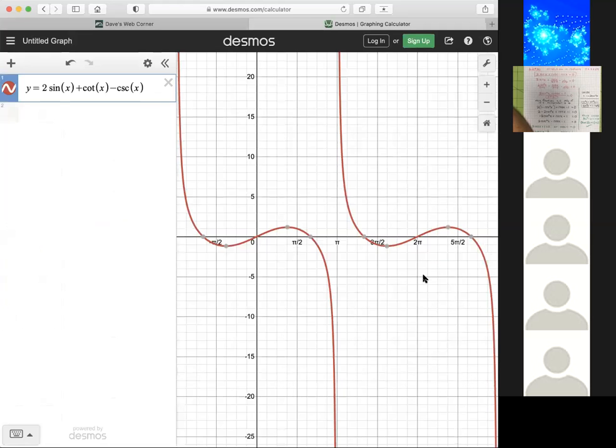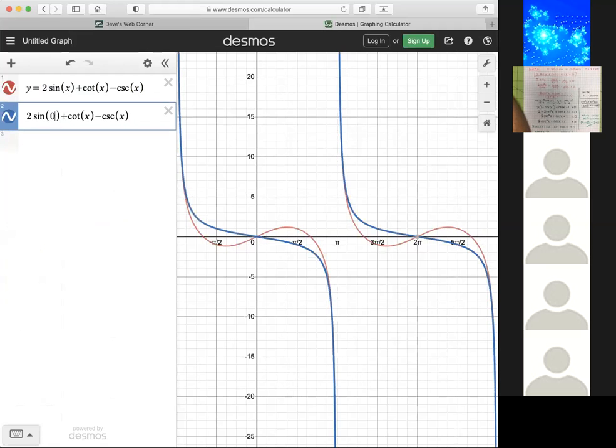Let me back out of there. Let me ask Desmos what would happen if I put 2 pi in there, or if I put 0 in there. That's interesting.